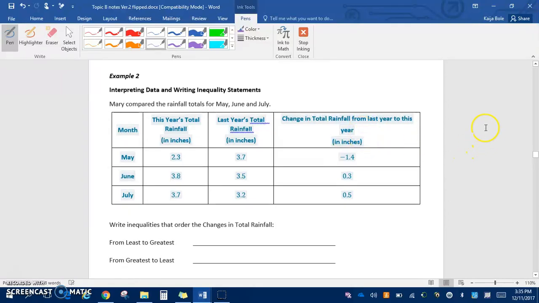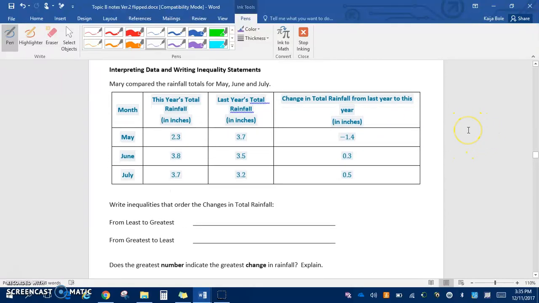In the next example, they give us a table comparing rainfall totals for May, June, and July. Underneath it says write inequalities that order the changes in total rainfall. So we're looking at total rainfall, which is the last column on the right.